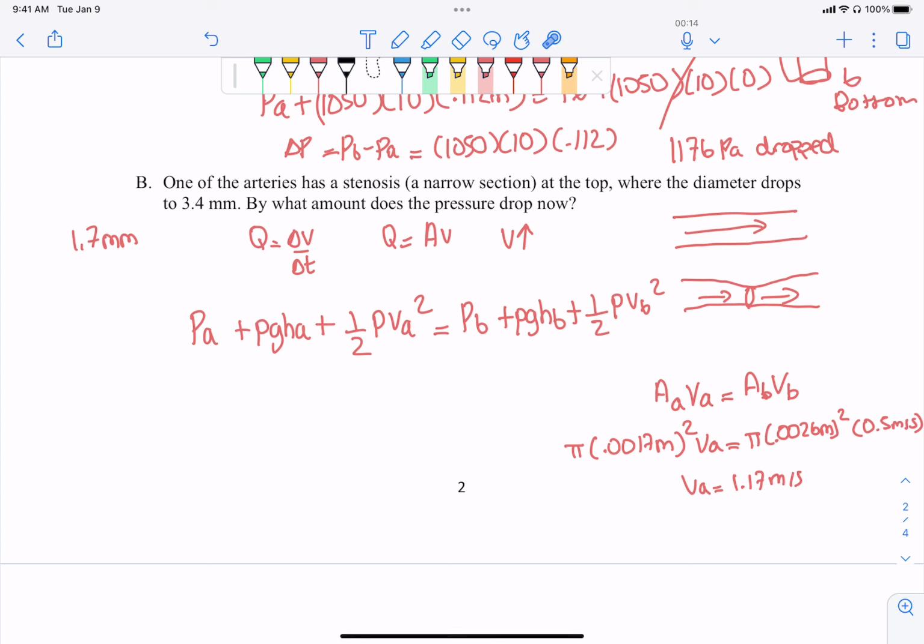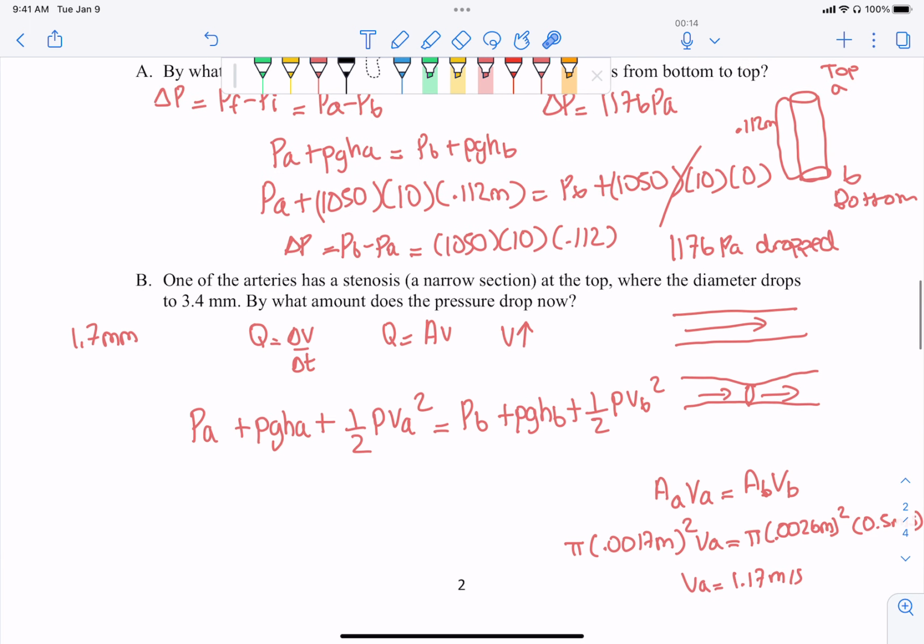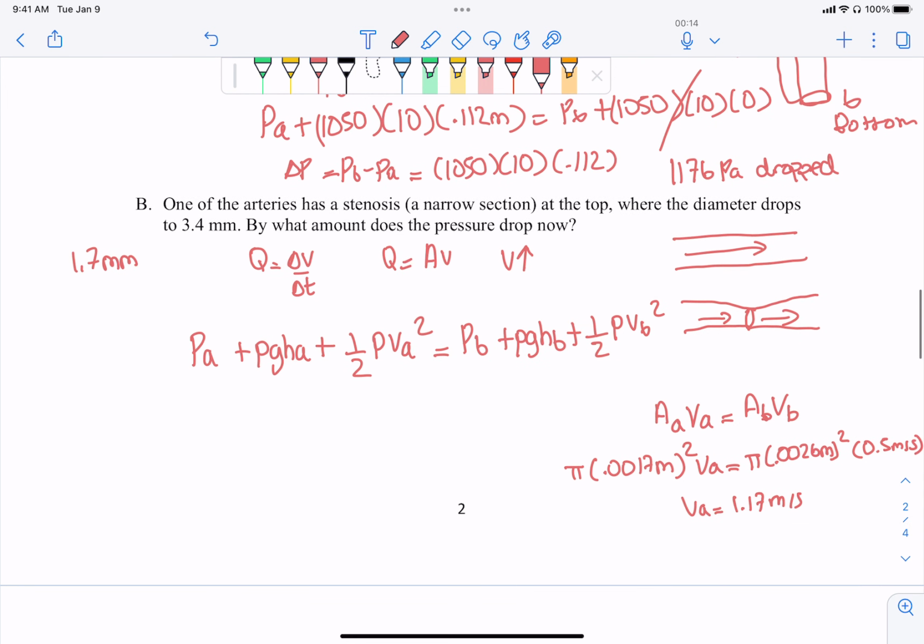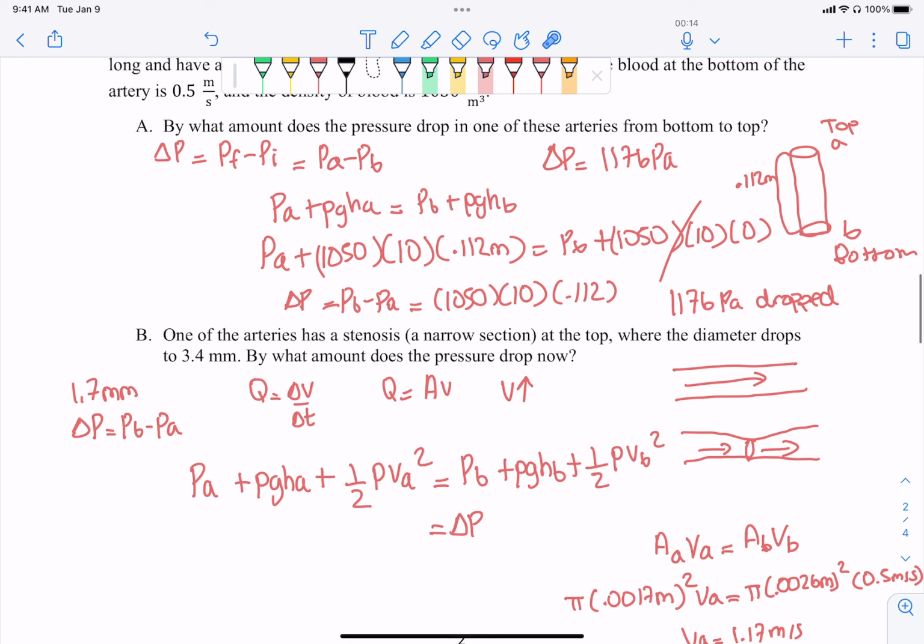Then I can go back and plug in VA here, plug in VB there, and plug in all the values I had from before. I'm looking for the pressure drop again, which is the PB minus PA that we had before, so I can subtract this over and make that delta P. I know from before that the height at the bottom I set at 0, remember when we canceled that out?